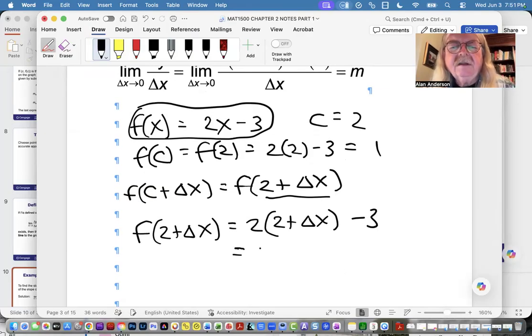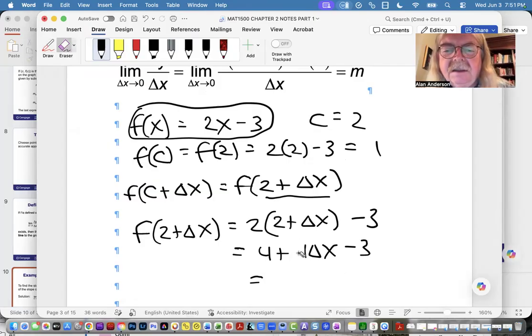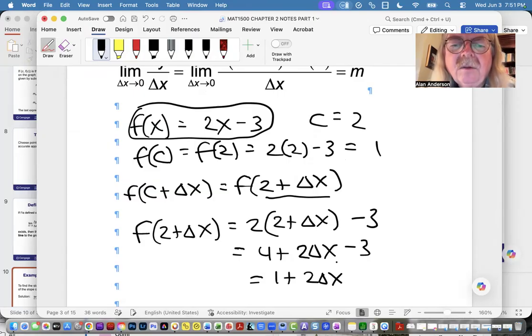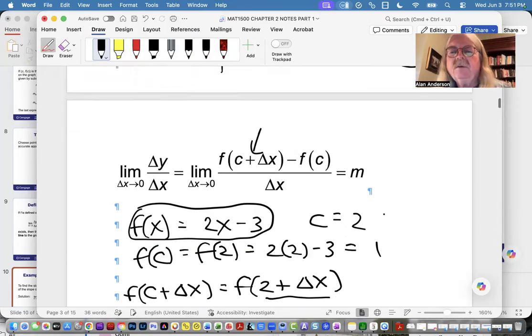And now we can solve for this algebraically. Ultimately, we end up with 1 plus 2 delta x. Now, that means we have everything we need to plug into this expression.